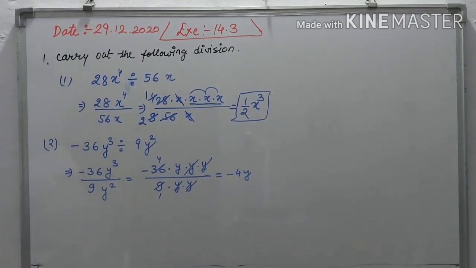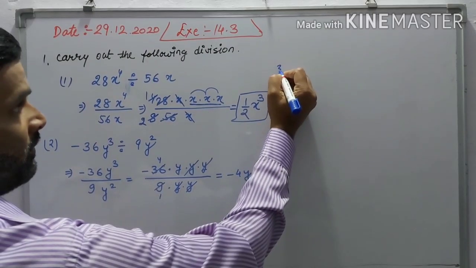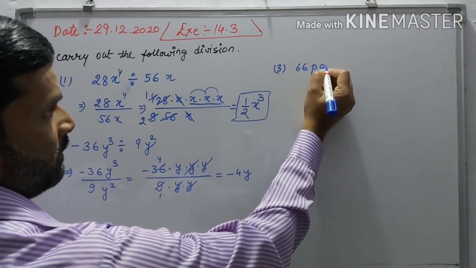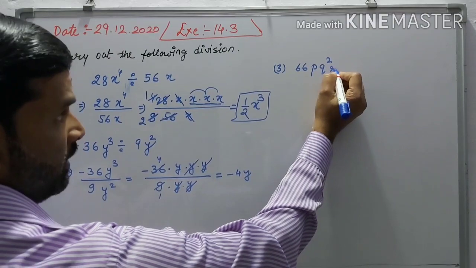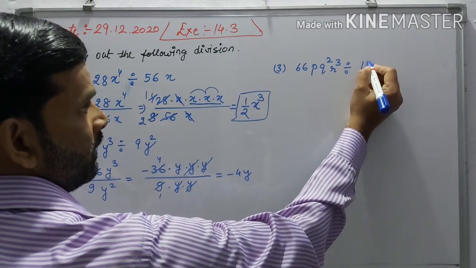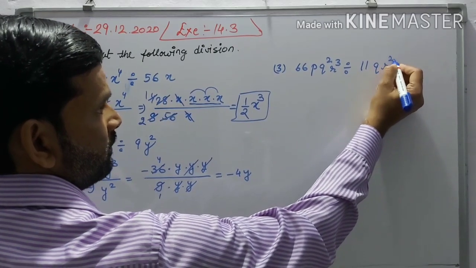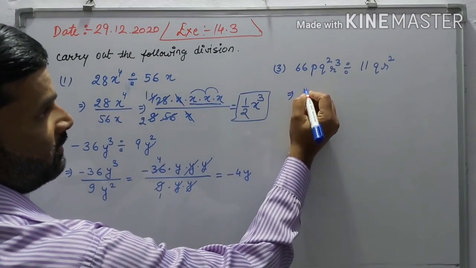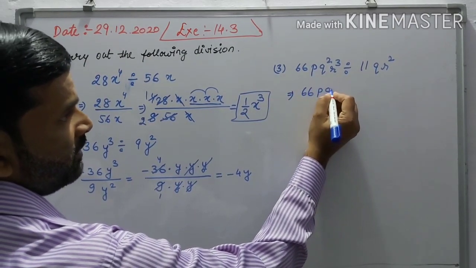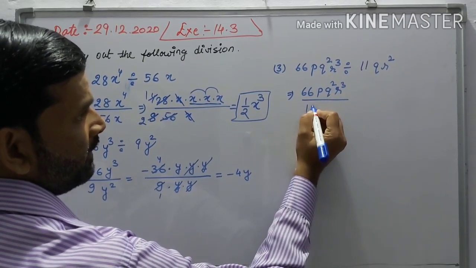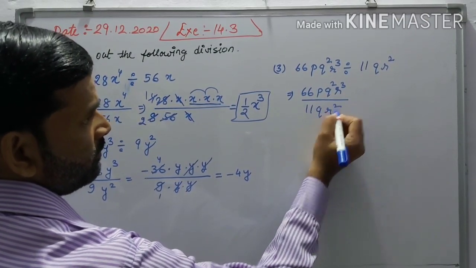And the third question is 66pq square r cube divided by 11qr square. Then we solve 66 p q square and r cube upon 11 q r square.